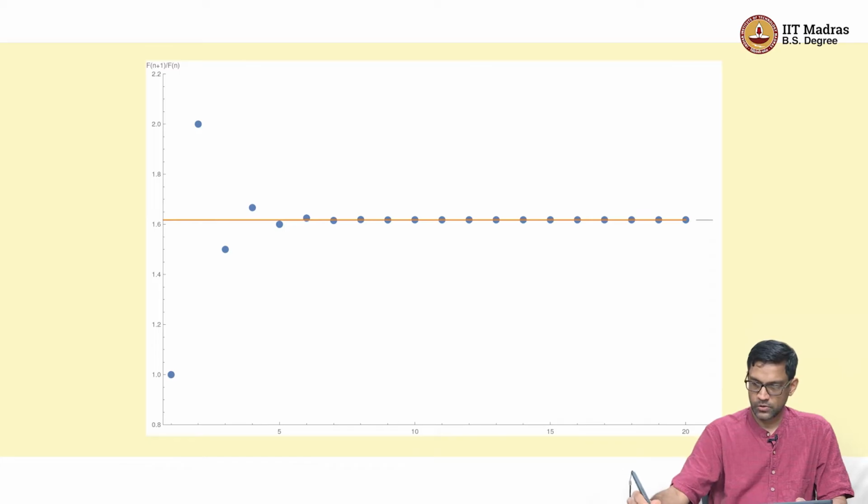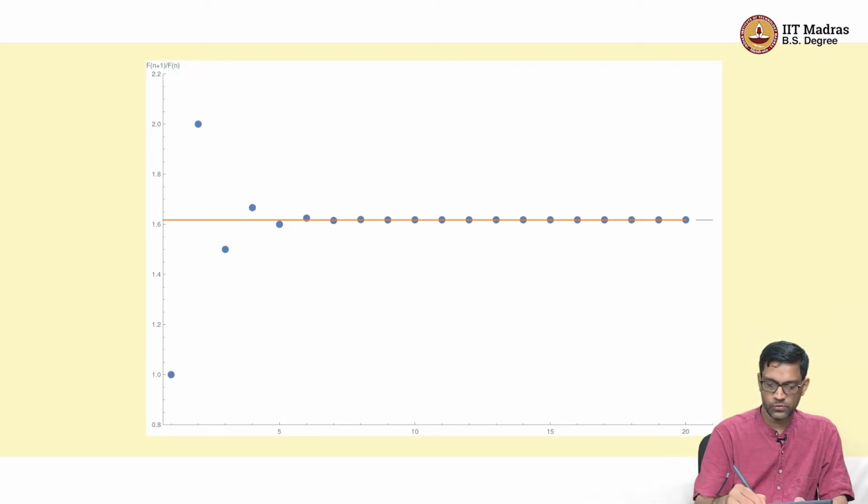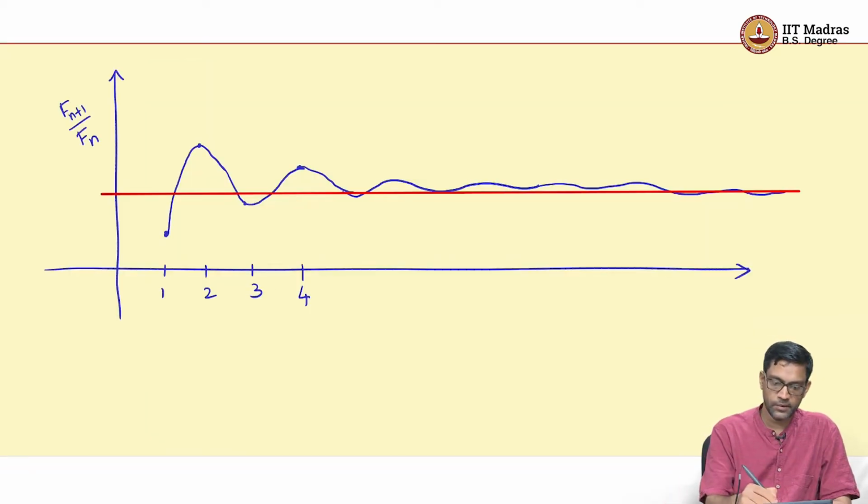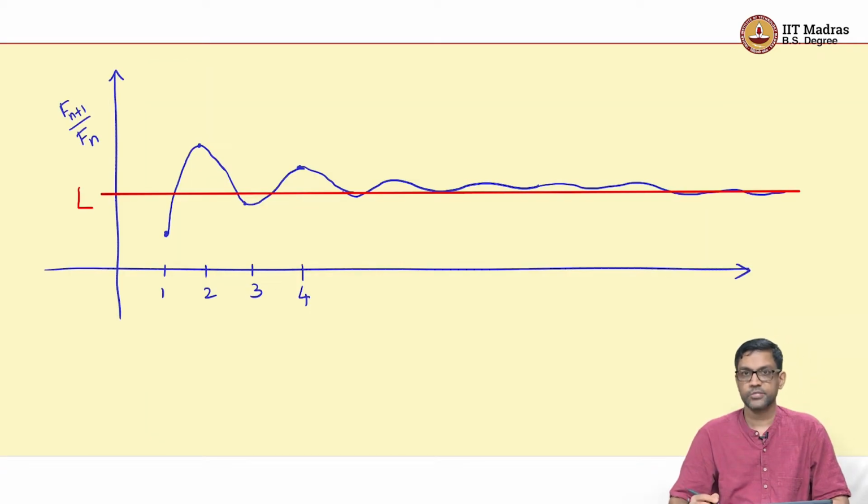So if you look at what happens as n goes to infinity, the y-axis value is some number L. It approaches a limit L, and here is the exact graph of how it looks if you actually plot the values.